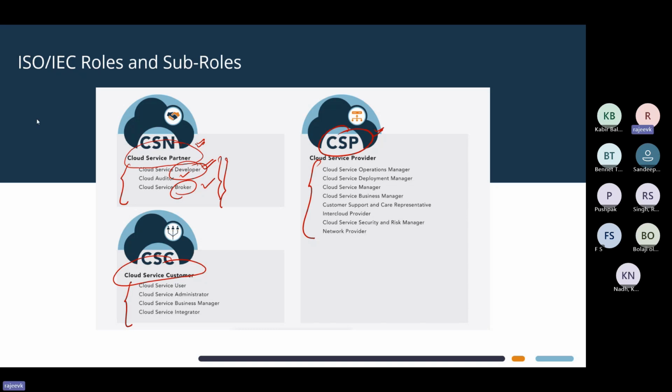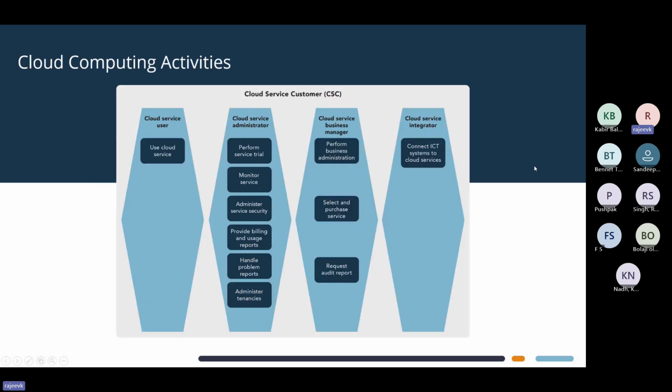Let's move on and discuss a few more roles defined here. As you can see, the first one given here is called the cloud service customer. What is this cloud service customer? A party that is in a business relationship for the purpose of consuming cloud services. It's very straightforward.